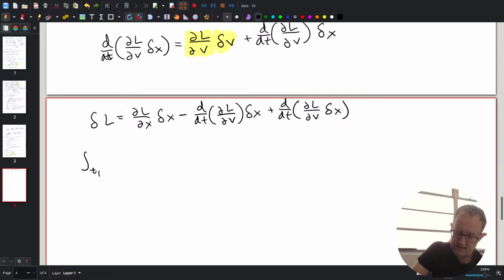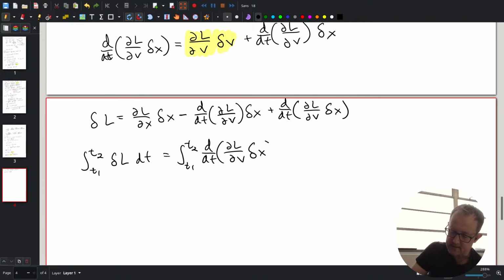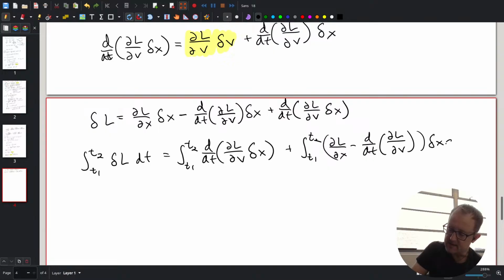When I look at the integral from t1 to t2 of this delta L dt, it is the integral from t1 to t2 of d/dt of dL/dv delta x, plus the integral from t1 to t2 of dL/dx minus d/dt dL/dv, times that delta x.